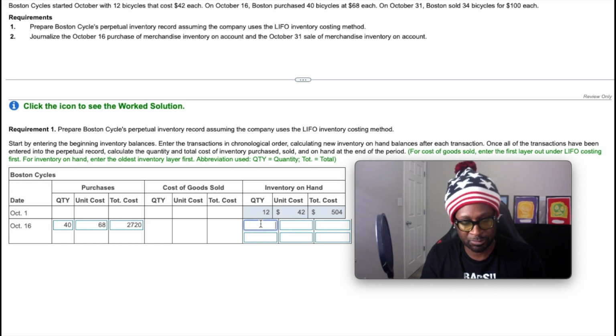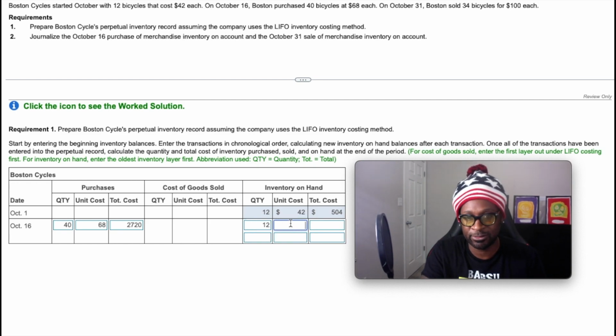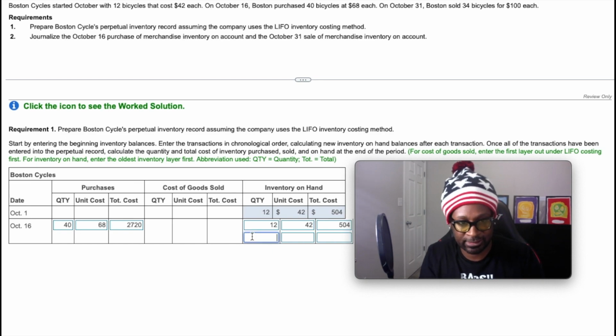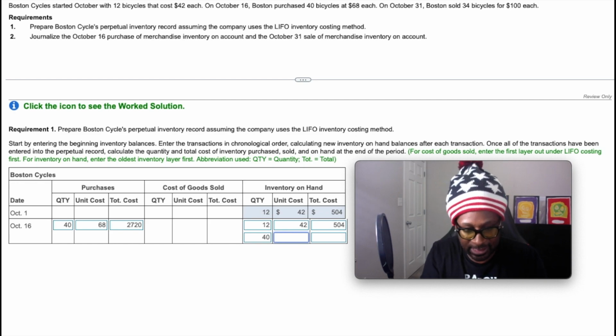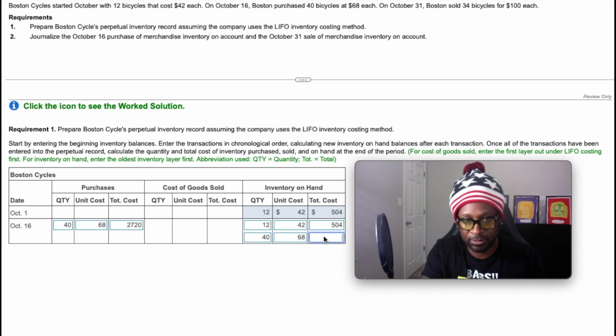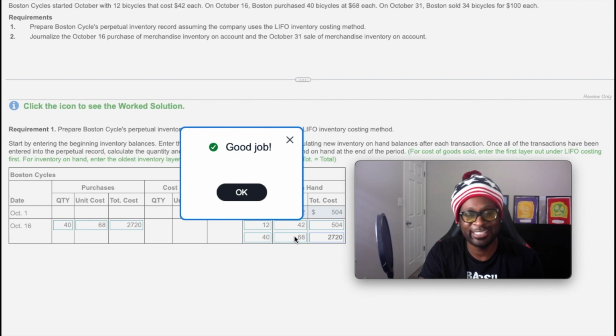What we're going to do is bring down our initial beginning inventory units at a total cost of $504, and then we're going to add the most recent purchase on the 16th of the 40 units at $68, which gives us a total cost of $2,720. We're going to check the answer. Great job, gang.